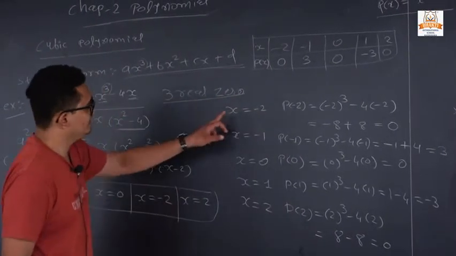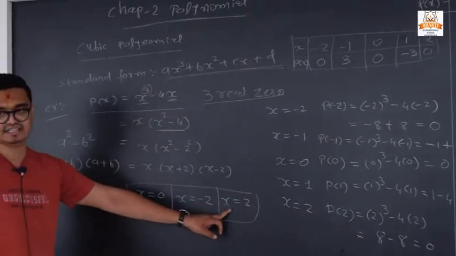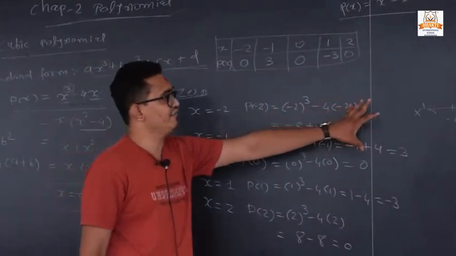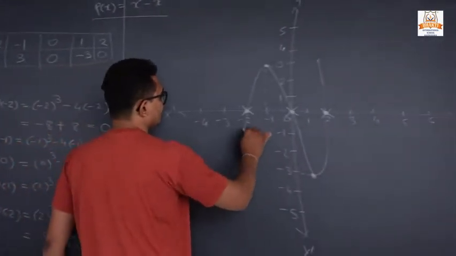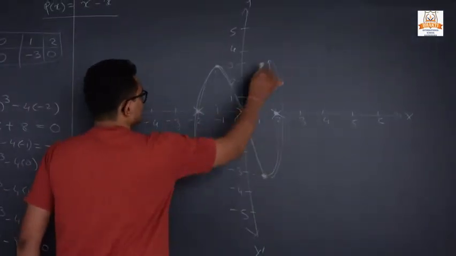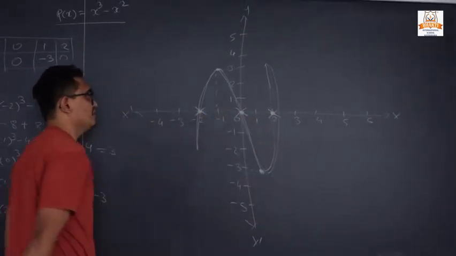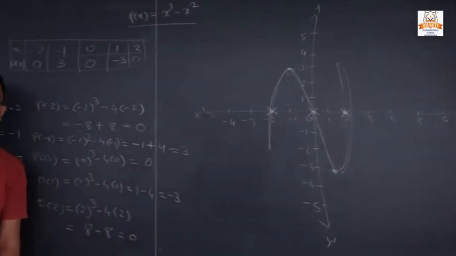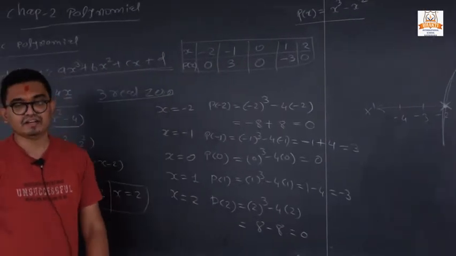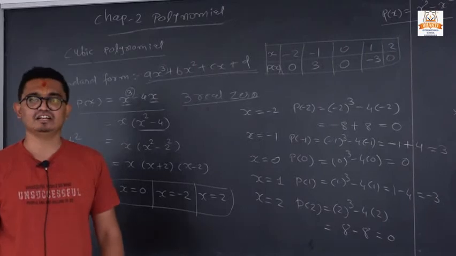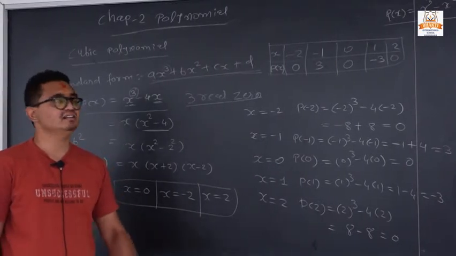See the example, we have 3 zeros: 1, 2 and 3. And if we draw its graph, the graph is like that. So it is cutting the x axis how many times? 3 times. Clear?